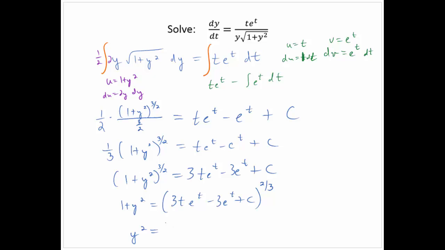So y squared is 3t e to the t minus 3e to the t plus c, all raised to the 2/3, minus 1. And I'll stop there. That's good enough for a solution. And it at least has the y variable, the dependent variable, isolated, even though it's not to the first power.